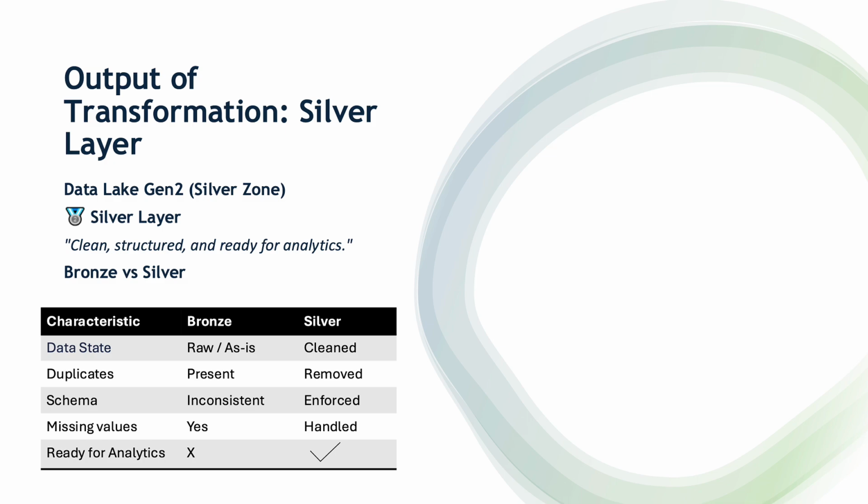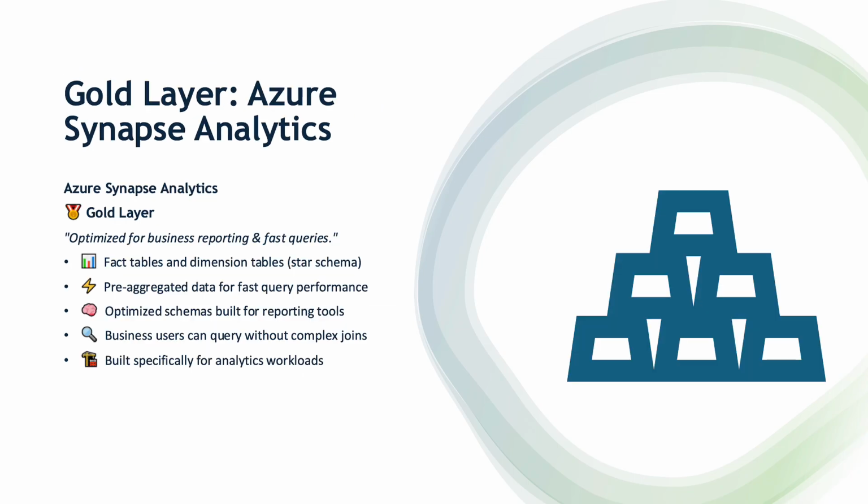Business users don't directly query the silver layer. They don't query the raw tables with complex joins. They need a structured and optimized model. So we move to the next stage, that is the gold layer. In the gold layer, we create fact tables, dimension tables, aggregations, and optimized schemas.